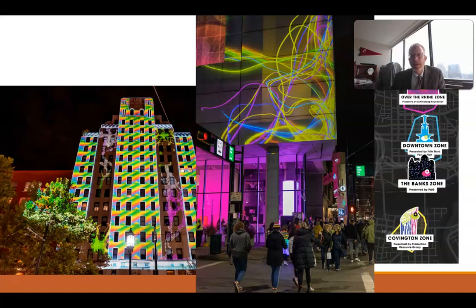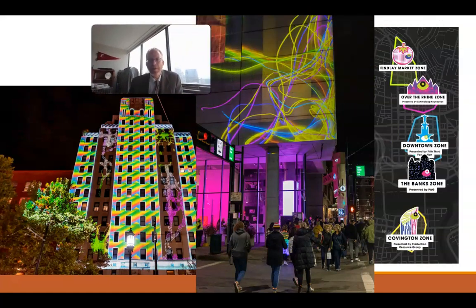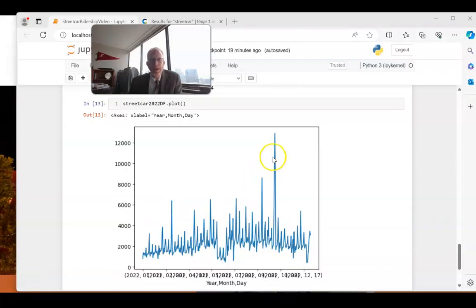It was Blink Cincinnati, which just happens to follow the streetcar line very well and brings a whole lot of people into town. So we know that this was a special event. And as a matter of fact, if we look at the other peaks that we have, they roughly line up with Labor Day fireworks, perhaps Taste of Cincinnati, Oktoberfest, and all of those other festivals.